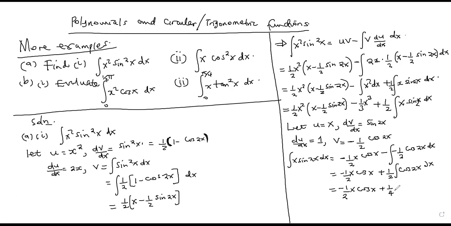So plus a quarter sine twice x. So here we shall get negative a half x cos 2x plus a quarter sine 2x, then plus a constant of integration.